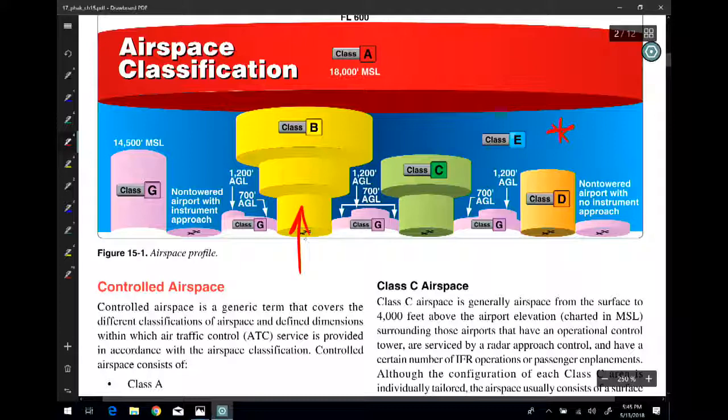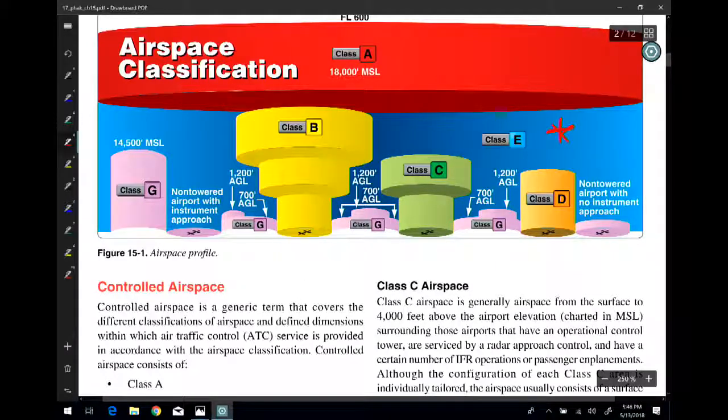Bravo, big. See all of these layers that you have here? And all of these different layers can be at various altitudes. This is actually a pretty simplified look at Class Bravo airspace. On the next video, I'm going to show you other types of airspace and how they look on maps and the information that we have in them. Okay? So there's Class Bravo.